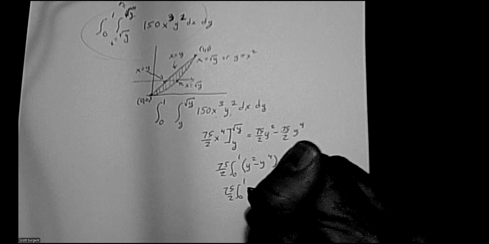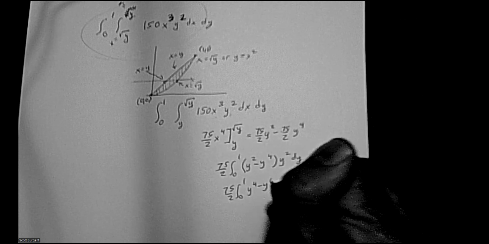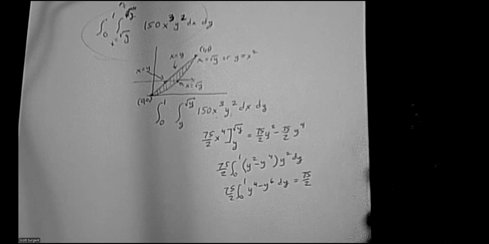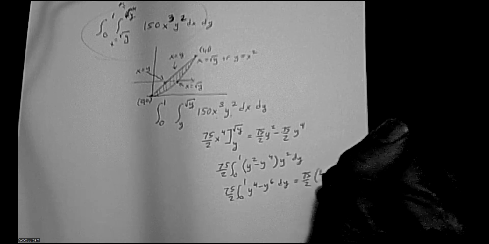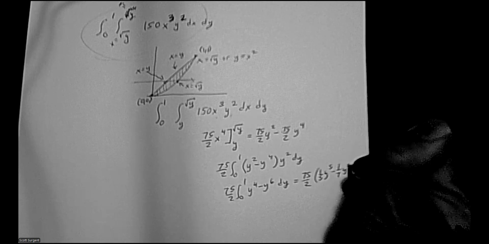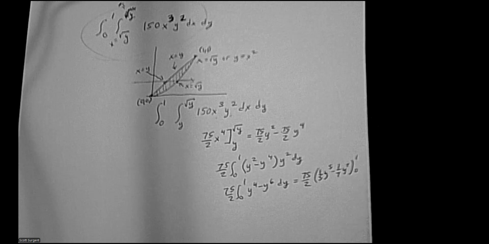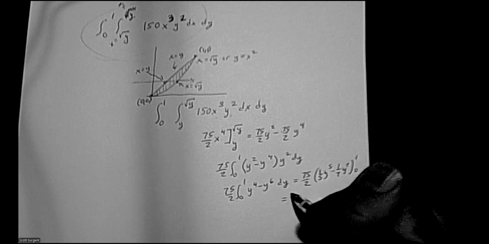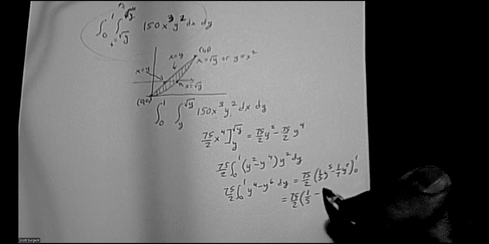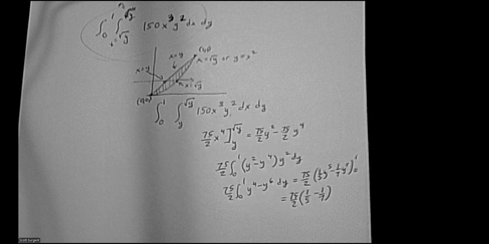It's going to be the integral of y to the 4th, take away y to the 6th, dy. 75 over 2, that's going to be 1/5 y to the 5th, take away 1/7 y to the 7th. But the nice thing is we pop in the 0 and 1 bounds, it's pretty. You get 1/5 take away 1/7, and then the zeros just drop out.